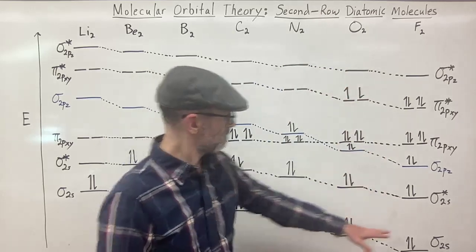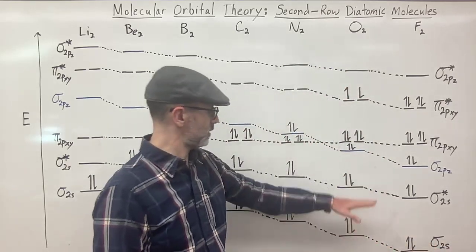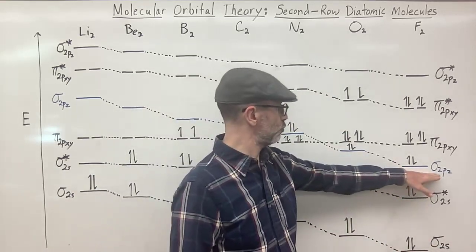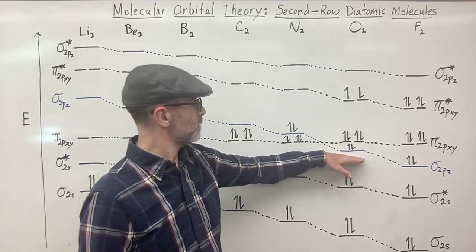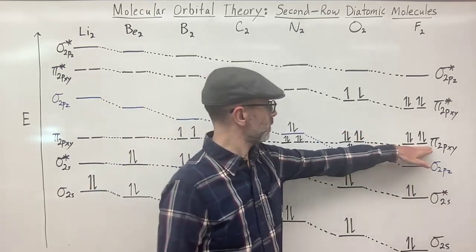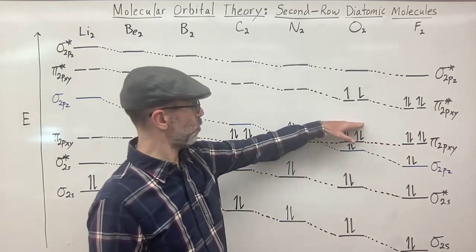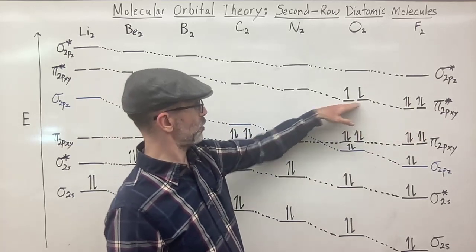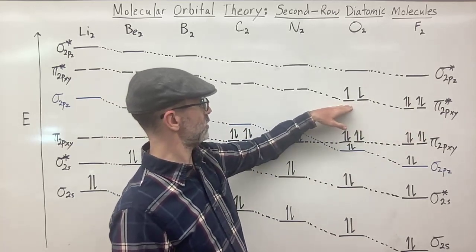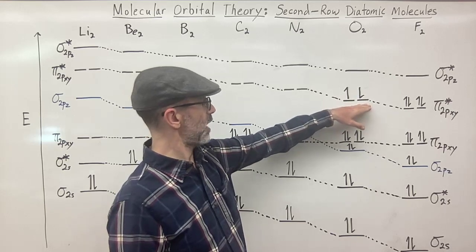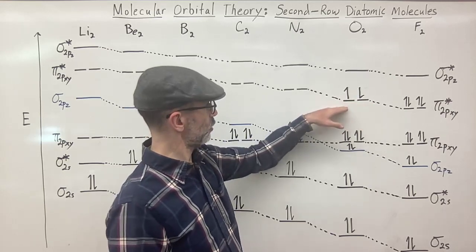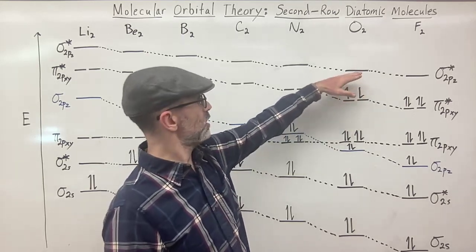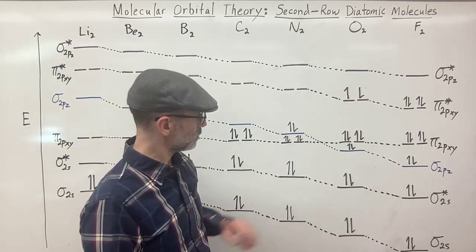So we have the sigma 2s, sigma 2s star, and then we have the sigma 2pz, and then we have the pi 2px and 2py, and then the pi 2px star and pi 2py star molecular orbitals, and then we have the sigma 2pz star molecular orbital.